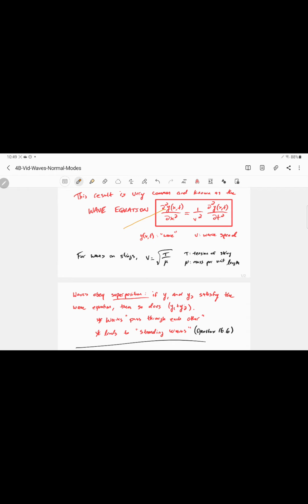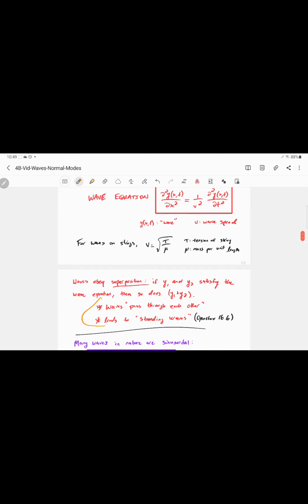Knowing that, if you look at the combination y1 plus y2 and plug it into that equation, you can separate out the second derivative as a linear operator. So you can separate out those two terms, and this linear combination also satisfies the wave equation with that same wave speed.